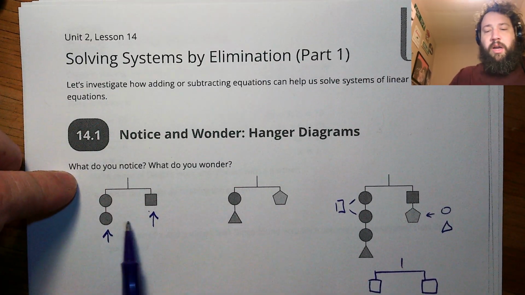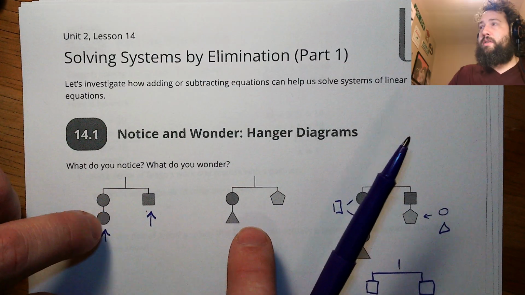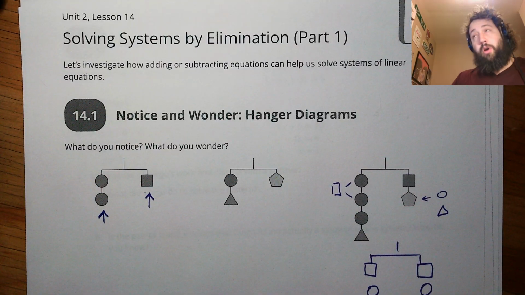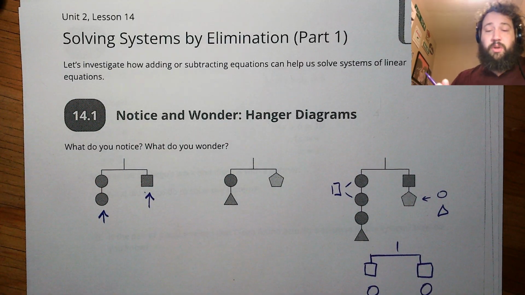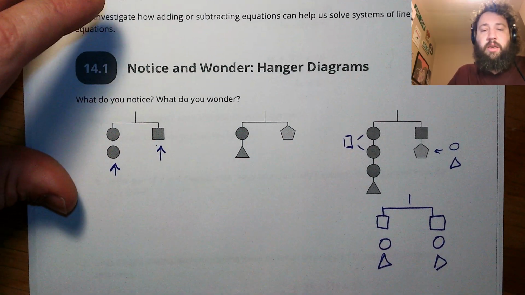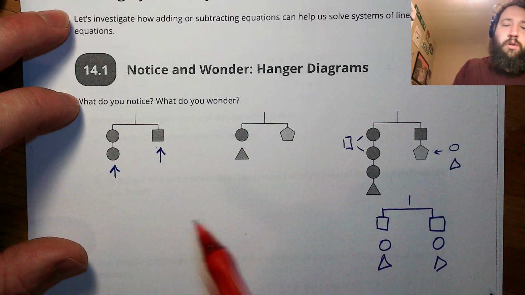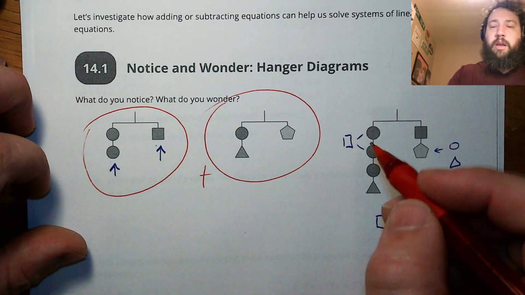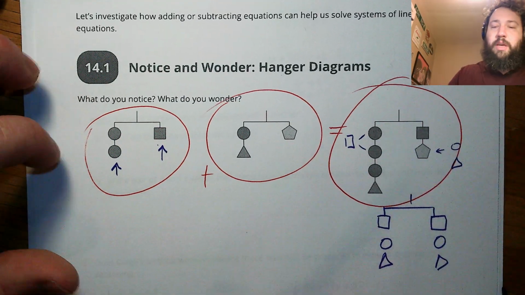So by combining what we know is balanced on this side, we could create something else that's balanced on this side. Or, this is actually what they're looking for in this lesson, I could take this whole hanger and combine it with this hanger and I'll end up with this hanger.